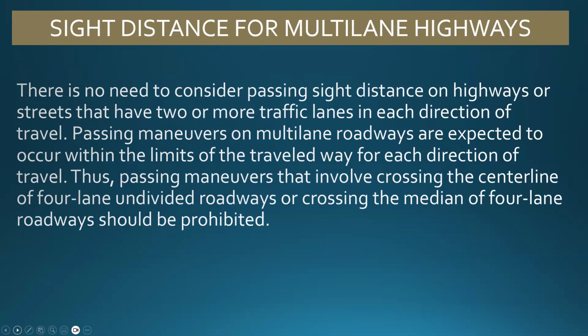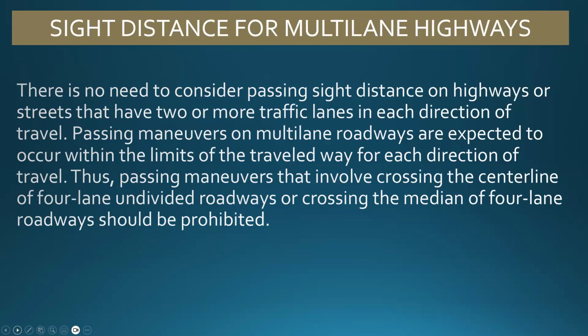So for multi-lane highways, there is no need to consider passing sight distance on highways or streets that have 2 or more traffic lanes in each direction of travel, as mentioned earlier in the previous video. Passing maneuvers on multi-lane roadways are expected to occur within the limits of the traveled way for each direction of travel.